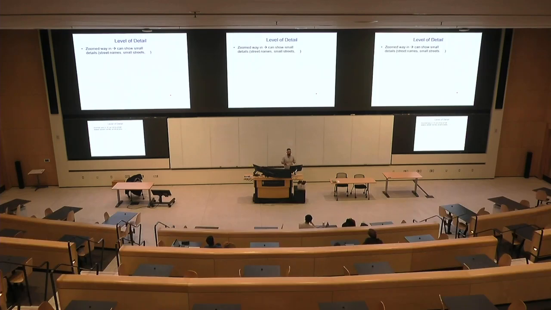Now, the main challenge in milestone 2, and we talked about it in the previous lecture, is to figure out the level of detail that you're going to show. Because we ask that you show every single detail of the city. We need to show all street names, all intersections, etc. But at the same time, we need it to be smooth. If you draw everything at the zoomed out level, it's going to look messy because all of the street names will appear on the screen, and it's probably going to show a black screen.